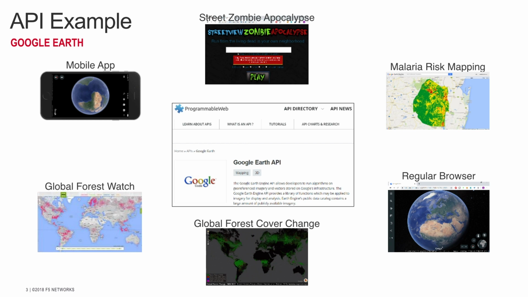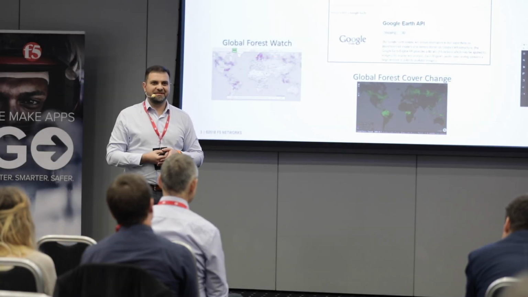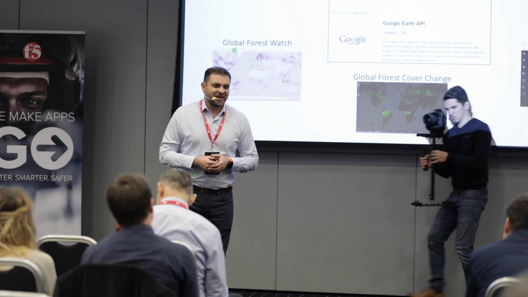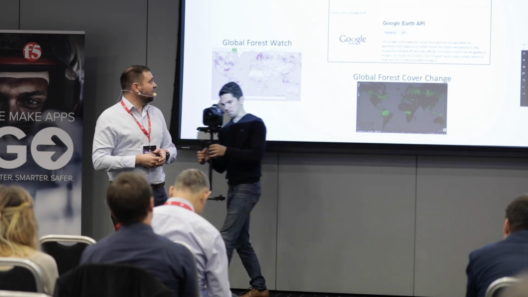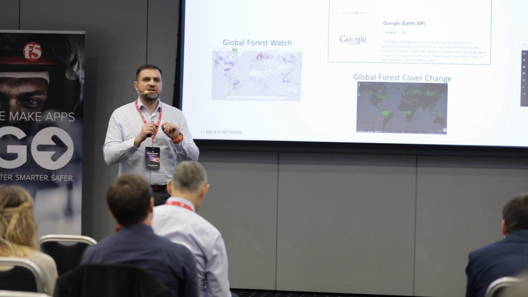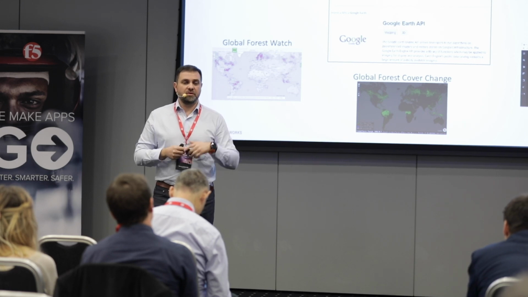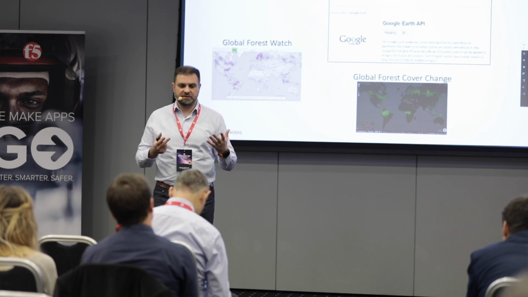Probably most of you are using Google Earth. How many of you? Probably all of you. For sure I'm using Google Earth. Google Earth is just an application, and you can browse it and find satellite pictures.